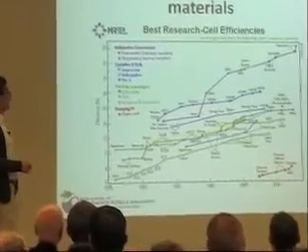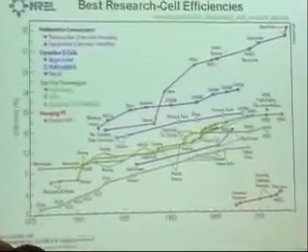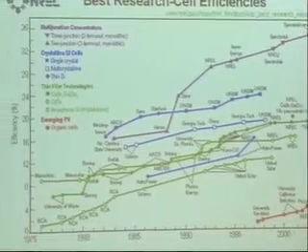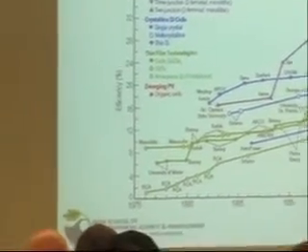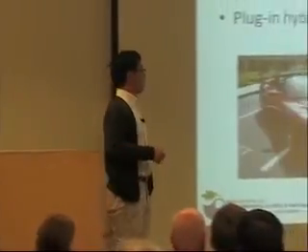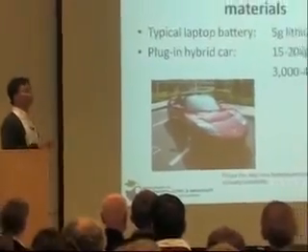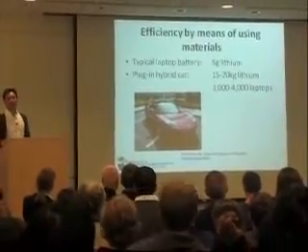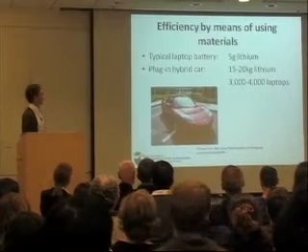Photovoltaic efficiency improved dramatically over time. And many of those achievements were made by adding exotic materials like tellurium and gallium, etc. This is a Tesla, which is a battery electric vehicle, and from 0 to 100 kilometers per hour, it takes something like 3.7 seconds. So very fast.